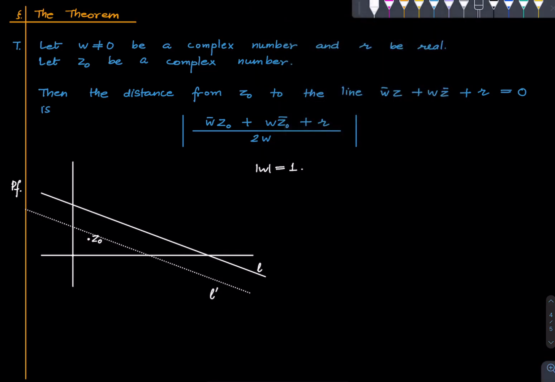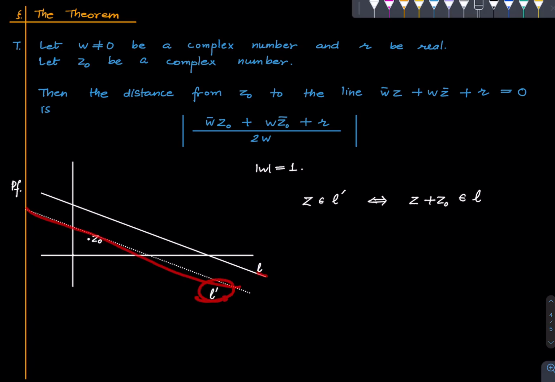Right? So Z is in L prime if and only if Z plus Z naught is in L. Right? This was obtained by translating L by minus Z naught.